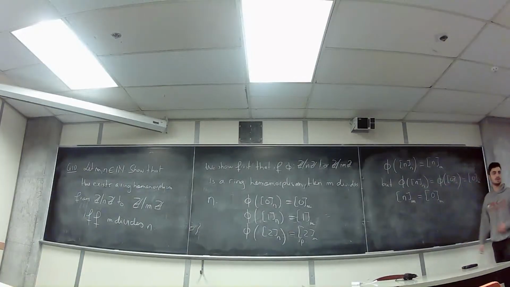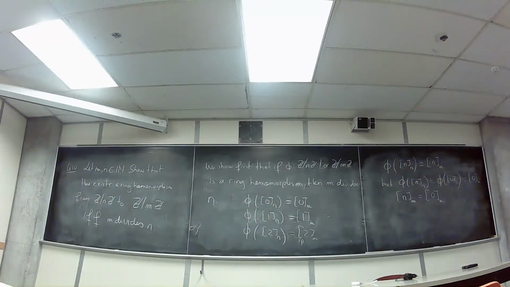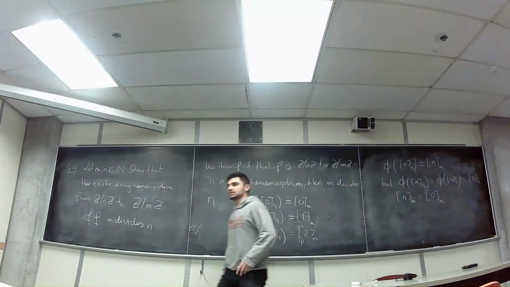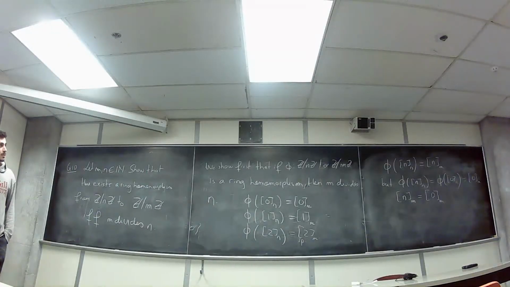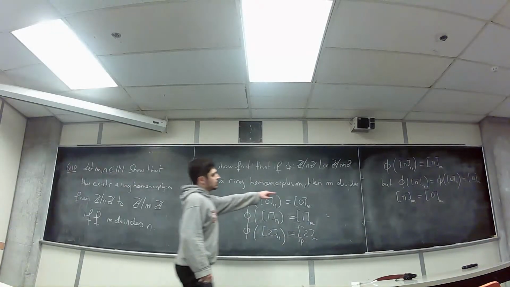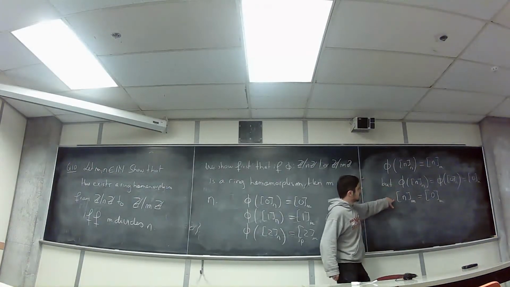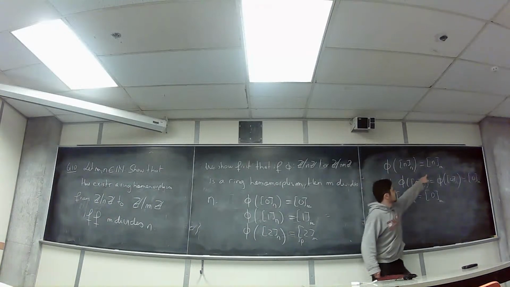Of course, you can do it in many other ways, but they're all equivalent. How did you get from the penultimate to the last one? What is phi of n? This is n mod n.